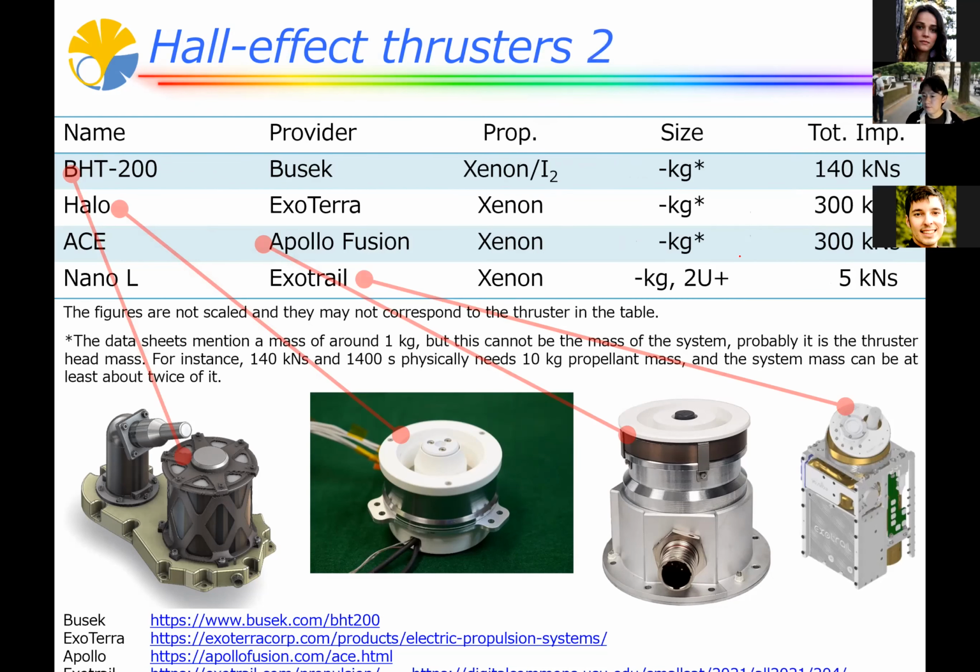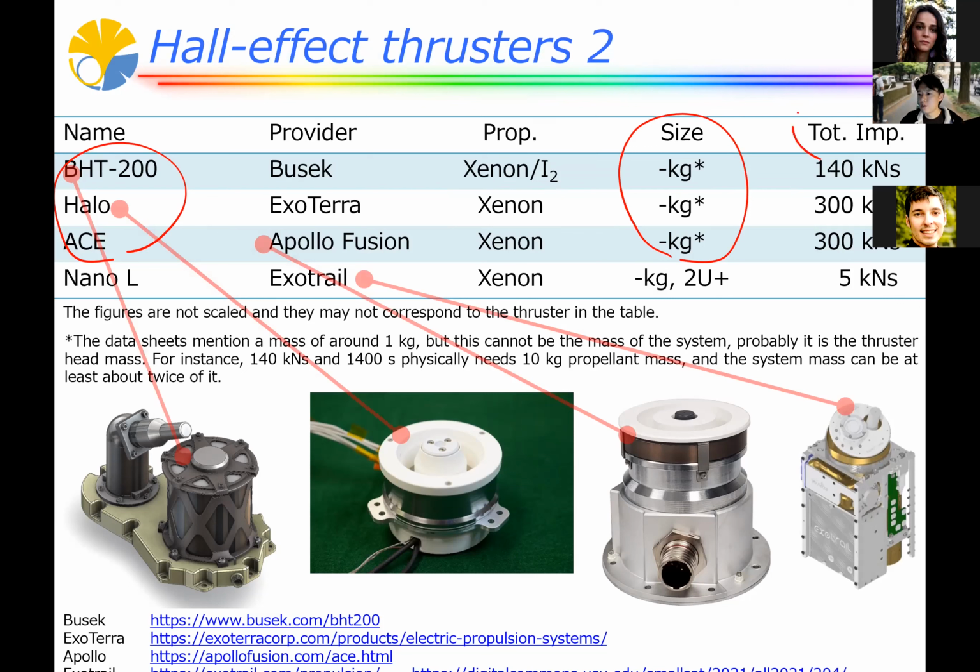And also, an important point is that for these three examples, I could not find the propulsion system size. On the data sheet, they describe the mass of the thruster as about 1 kilogram. However, I'm sure that this 1 kilogram is not the total propulsion system mass.